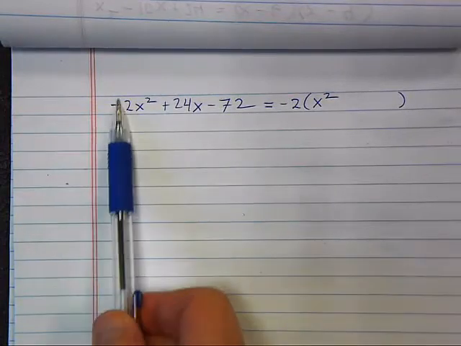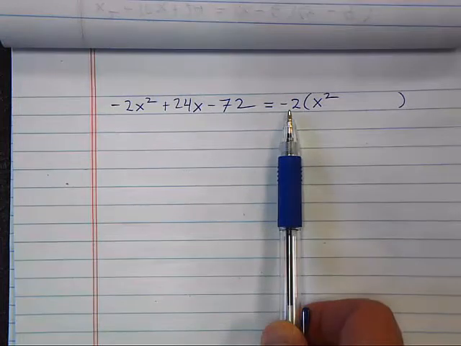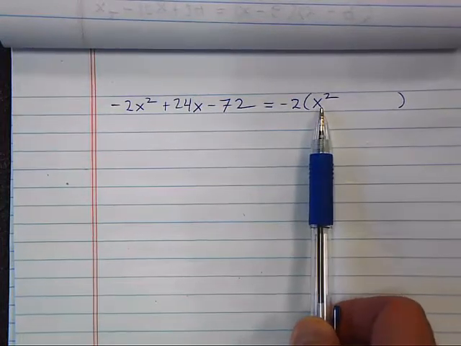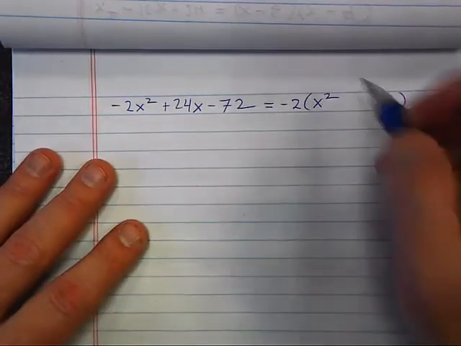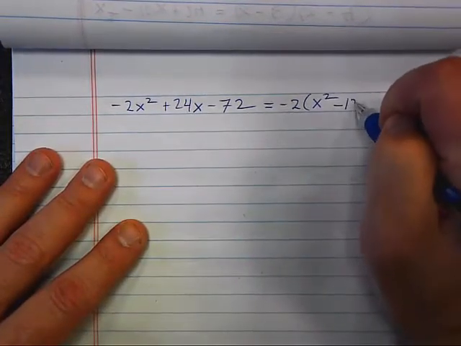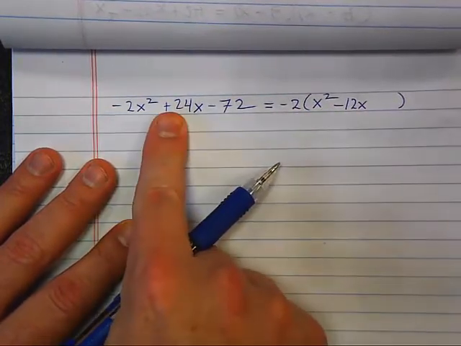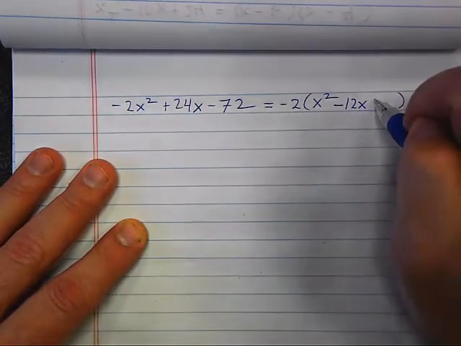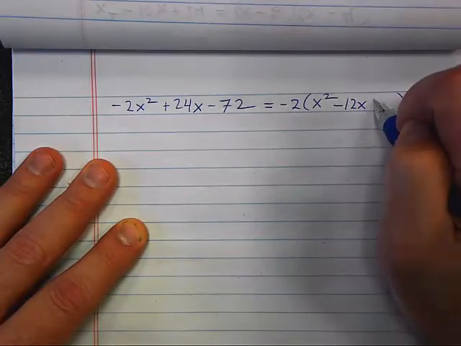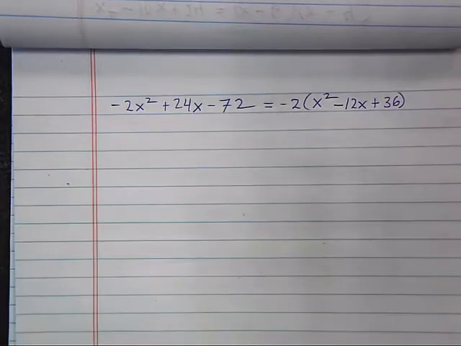So if this is a negative out front, I'm generally going to factor out a negative. So I'm going to have a negative 2, and then I'm going to have x squared. What's the next piece going to be? Plus negative 12. Minus 12x, because negative 2 times negative 12 gives me the positive 24. And then finally, plus 36.